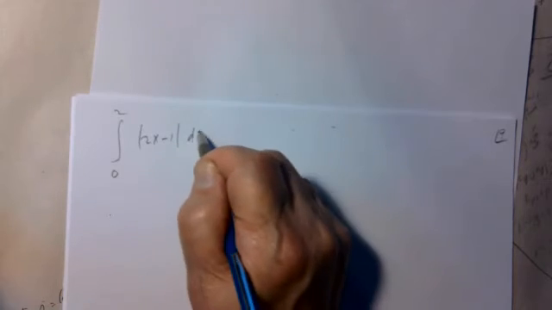Let's do one more example. Let's try to compute the integral from 0 to 2 of the absolute value of 2x minus 1 dx.